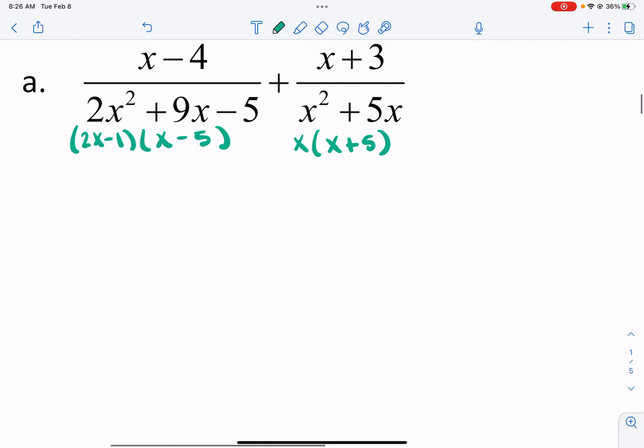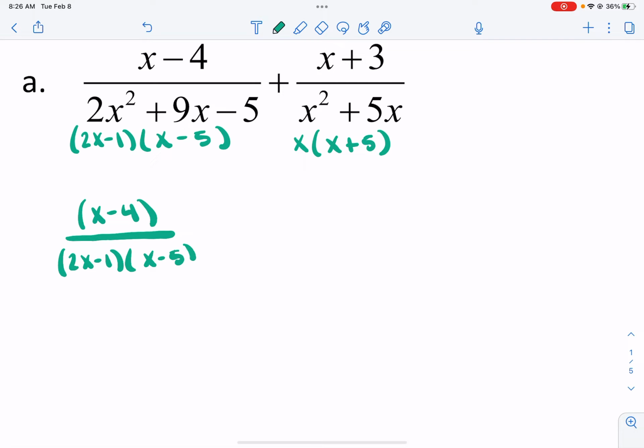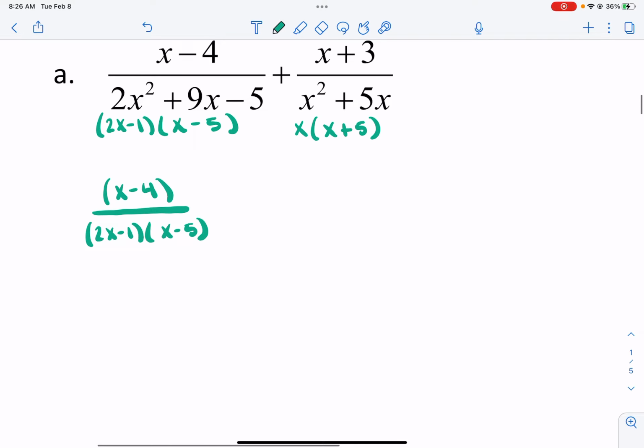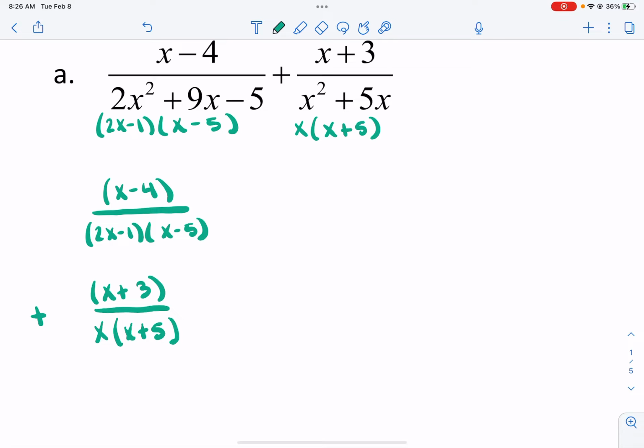Something I like to do when I am adding them is write them vertically with parentheses. So I've got x minus 4 divided by 2x minus 1 and x minus 5 plus x plus 3 all over x times x plus 5.